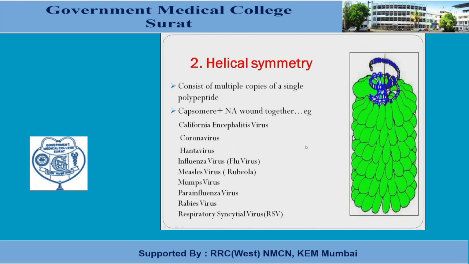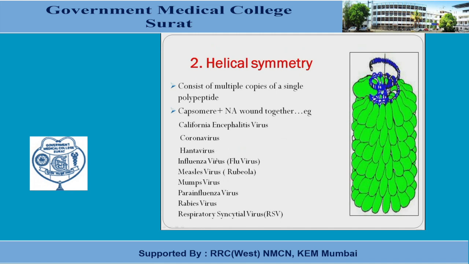Okay. So here the capsomere is associated with the nucleic acid, bound together, as in California encephalitis virus and coronavirus. These are examples; coronavirus is nowadays in the world in pandemic conditions, and it has helical symmetry.